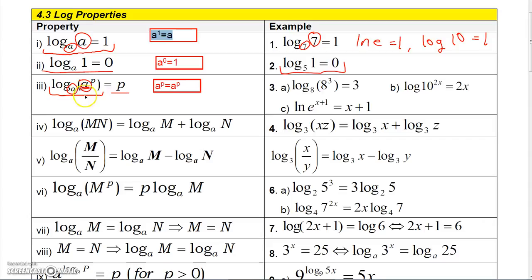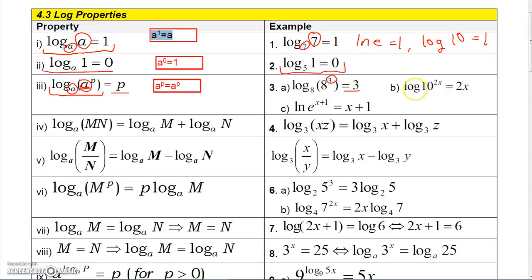And you can see what would happen if you converted this to exponential form. You would have a to the p equals the argument a to the p, which of course is a true statement. So we know that this is a true property. So if you had the log of 8 to the third, base 8, you could say that's just going to equal 3, because the base here is 8 and the base here is 8.